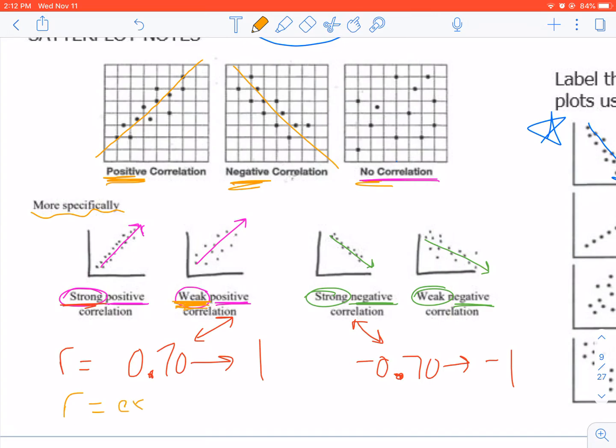So examples of weak R values would be like maybe 0.4 or 0.3 or 0.47 or 0.31, those kinds of things.